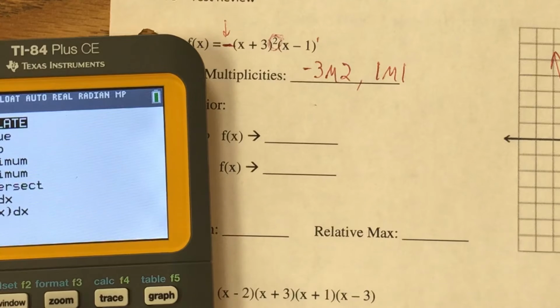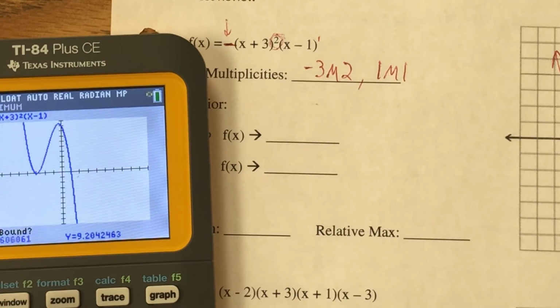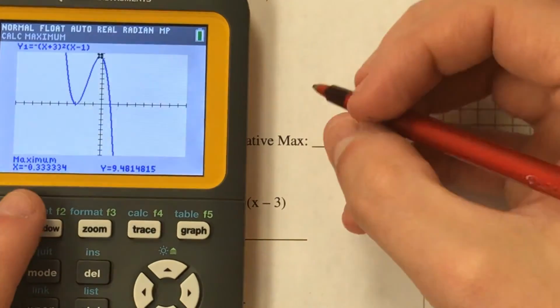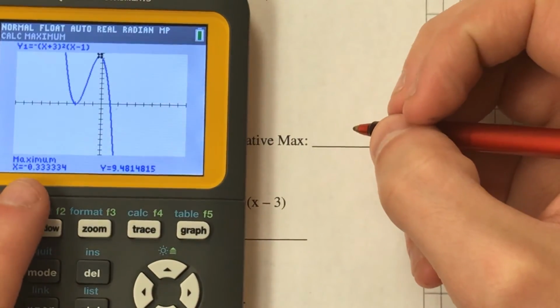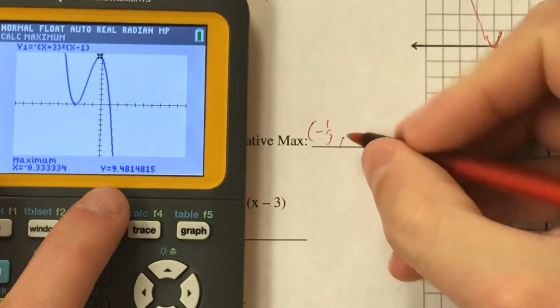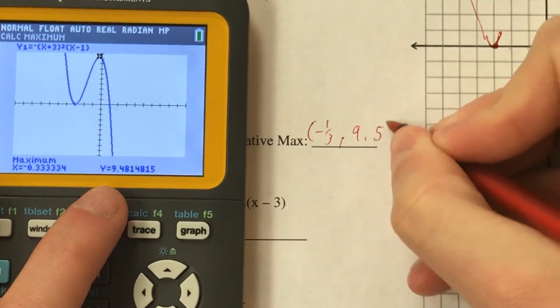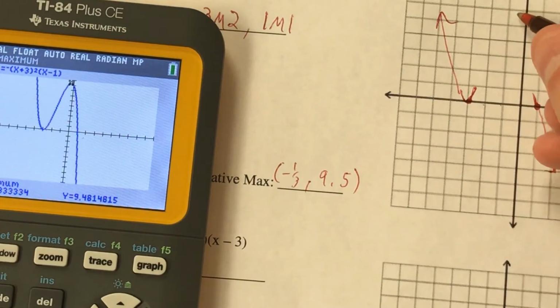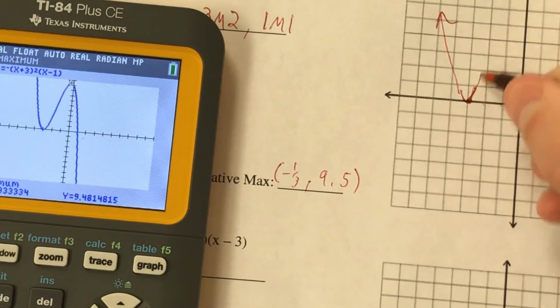Let's find that relative max then. And it looks like it's negative 1/3, negative 0.3 repeating. So negative 1/3, then 9.5-ish. So 9, whatever.